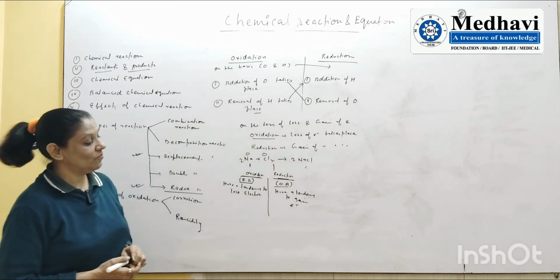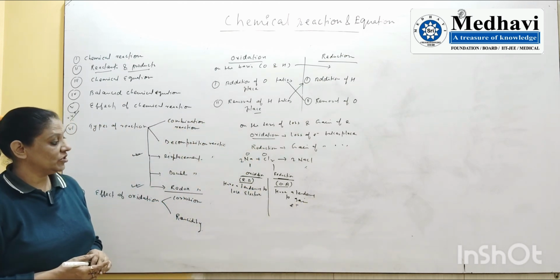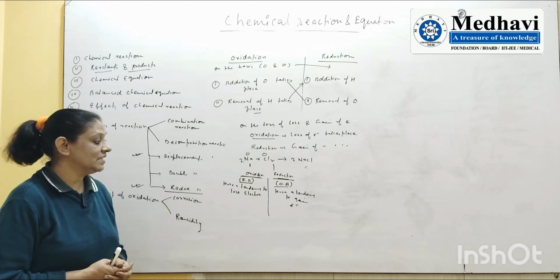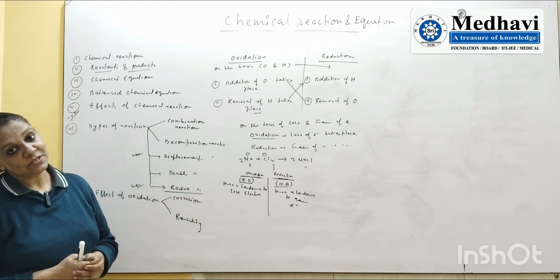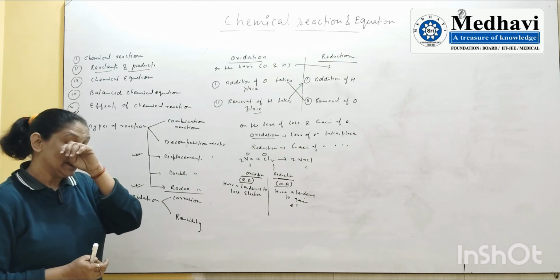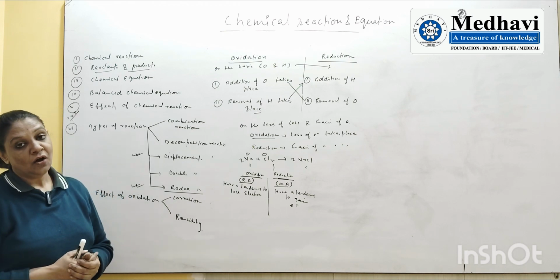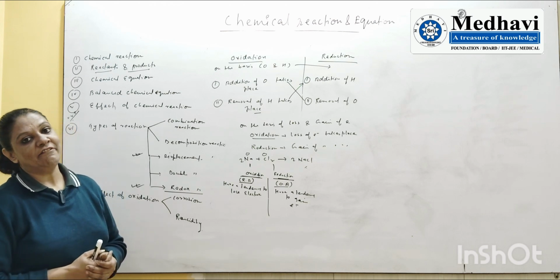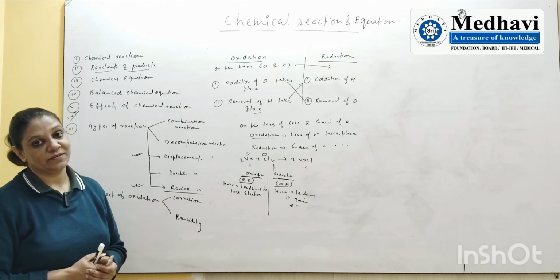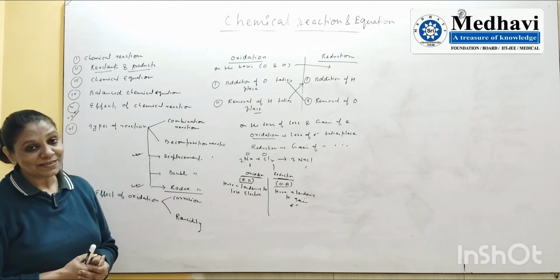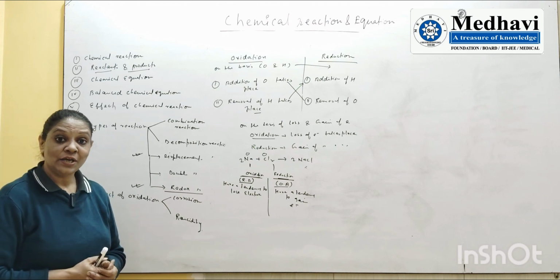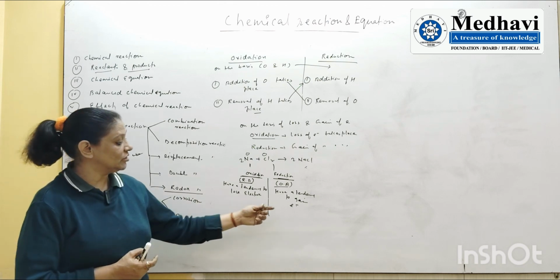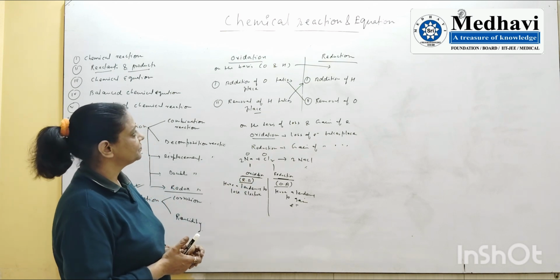Very, very important information, and questions may be asked from this part, that what is an oxidizing agent and what is a reducing agent. Don't get confused: if oxidation, they are reducing agents. That's why all metals are good reducing agents, because they have a tendency to lose electrons. Whereas all non-metals are good oxidizing agents, because they reduce themselves. That means they have a tendency to gain electrons.